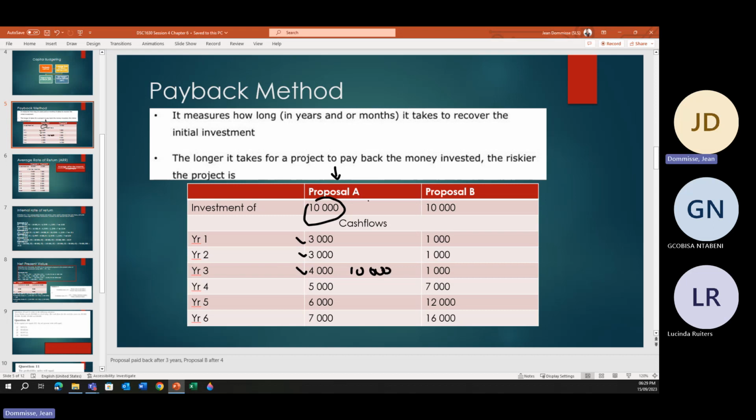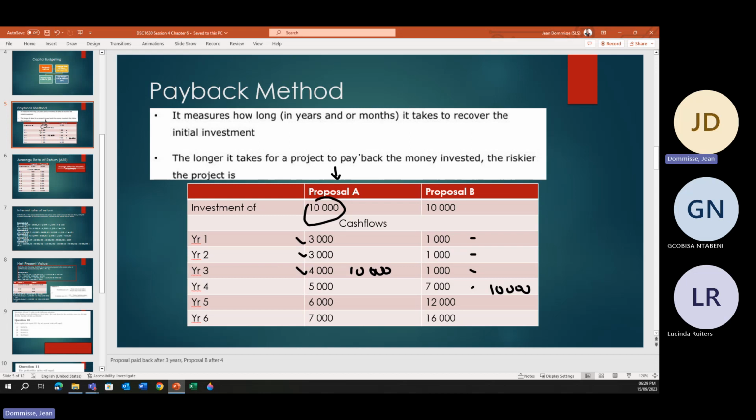Okay, so the only way I would accept proposal B is if it is paid in 2 years' time. So if I look at proposal B, after 1 year, 1,000, after 2 years, 2,000, after 3 years, 3,000, only after 4 years, I have recovered my initial investment.